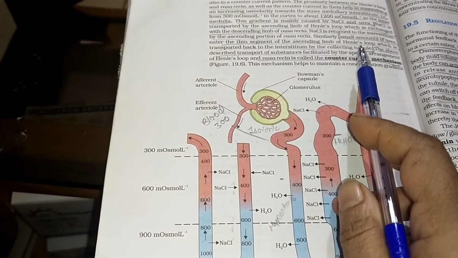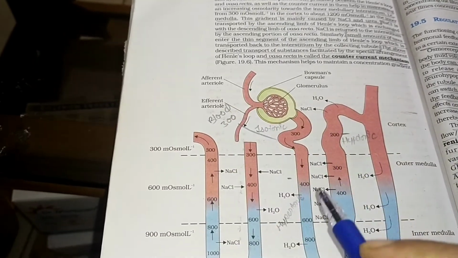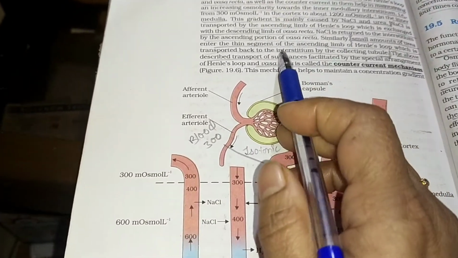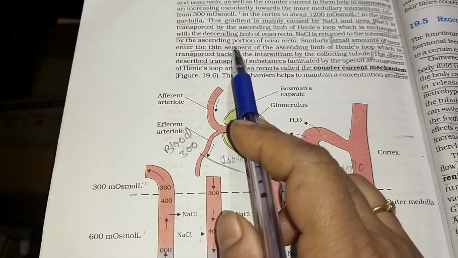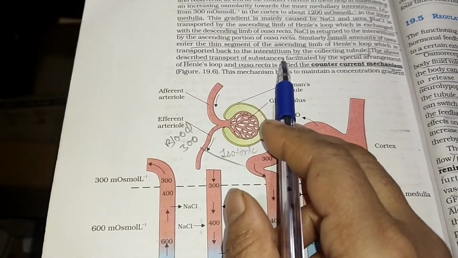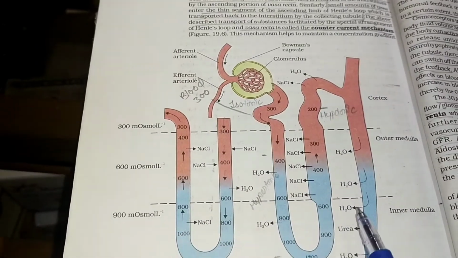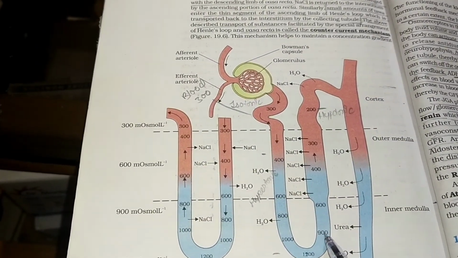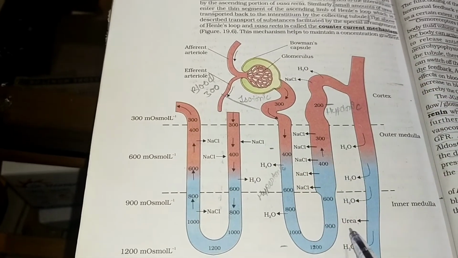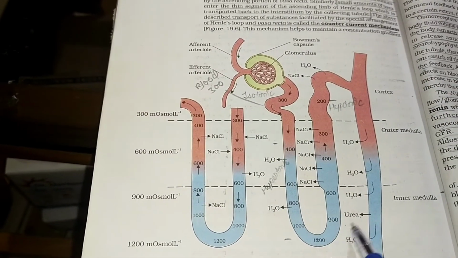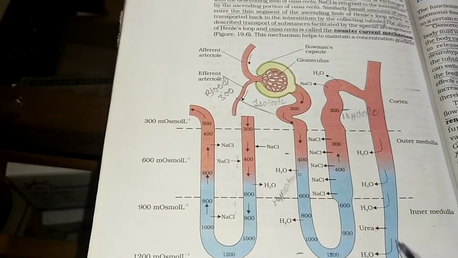One more condition is there: small amounts of urea enter the thin segment of the ascending limb of Henle's loop, which is transported back to the interstitium by the collecting tubule. You can see that urea absorbed by the ascending limb of the Henle's loop comes back to the inner medullary region by the collecting duct.